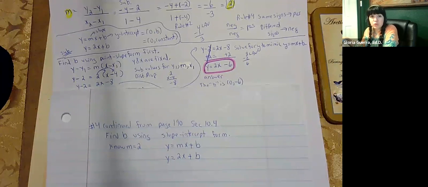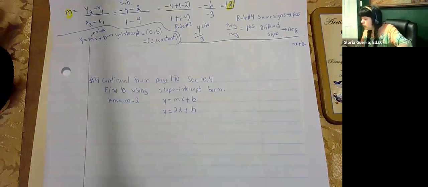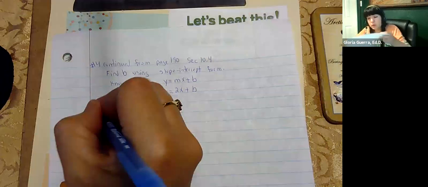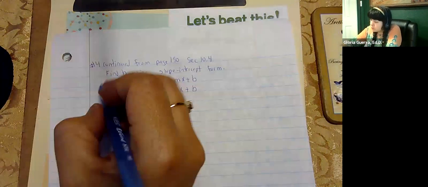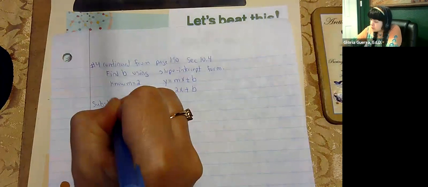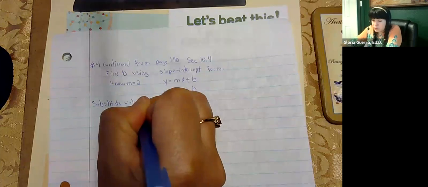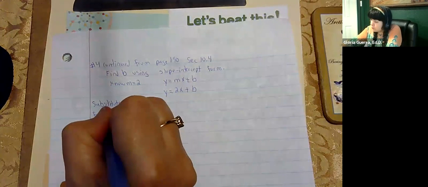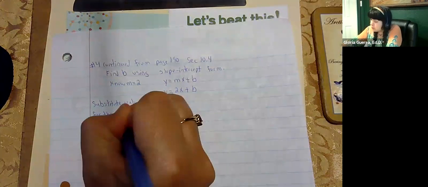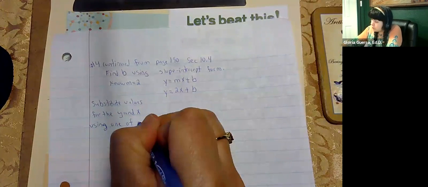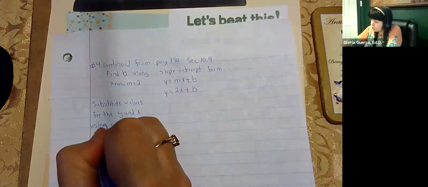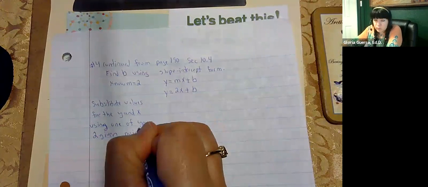So what you can do is substitute values for the y and the x using one of your 2 given points.